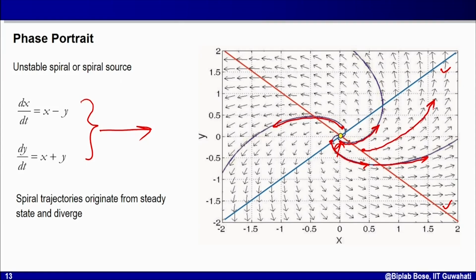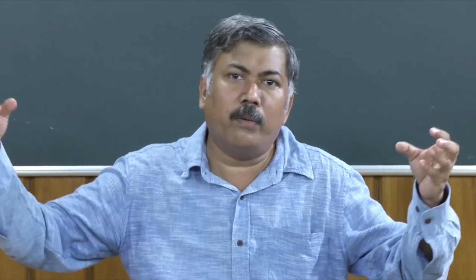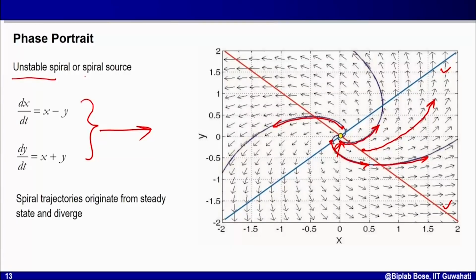So no path is going back and converging at the steady state. If the system is at the steady state, it will stay there. If you disturb it, it will diverge away from the steady state in a spiral path. So that's why it is called an unstable spiral or spiral source, from which all the trajectories originate.